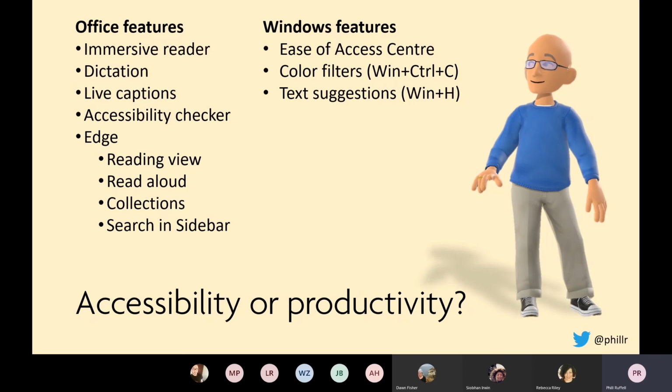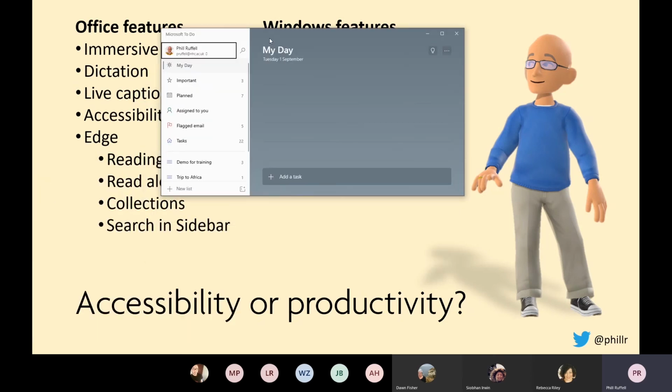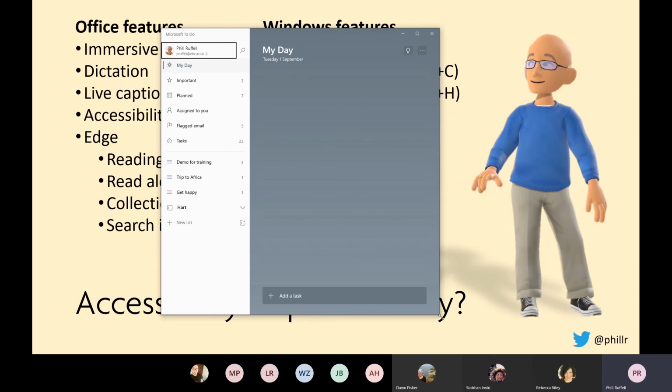Last tip I suppose I could give is, if you've never used it, try To Do. So To Do is a to-do list, pretty much. I suggested this app to a student who had real problems sequencing and organizing themselves.